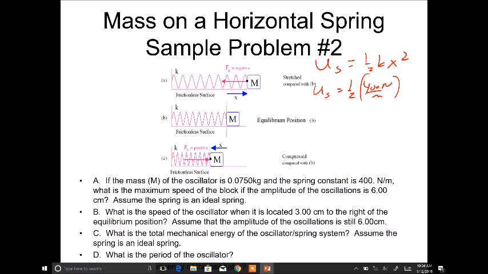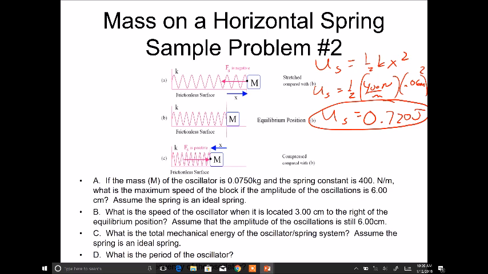The amplitude is 6 centimeters, so 0.06 meters. We can't forget to square that. So let's do the math. We end up with a total elastic potential energy at maximum amplitude, in this case a total amount of mechanical energy, of 0.720 joules. So that is the total amount of mechanical energy in this system.